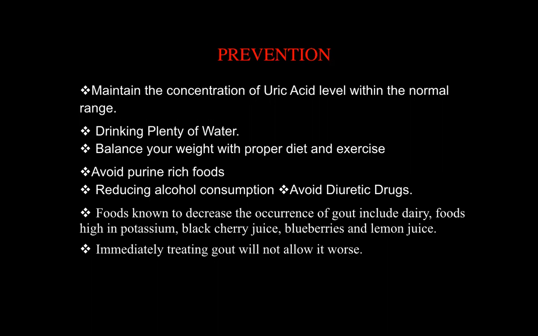Avoid purine-rich food. Reduce alcohol consumption. Avoid diuretic drugs. Foods known to decrease gout are those high in potassium, black cherry juice, blackberry, and lemon juice. Treating gout immediately will not allow it to get worse.